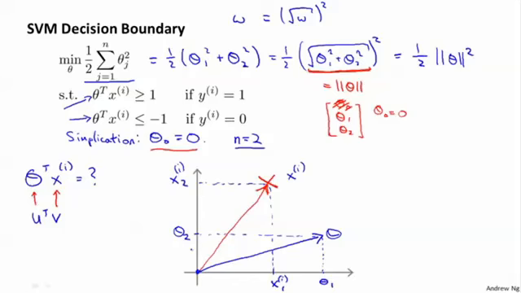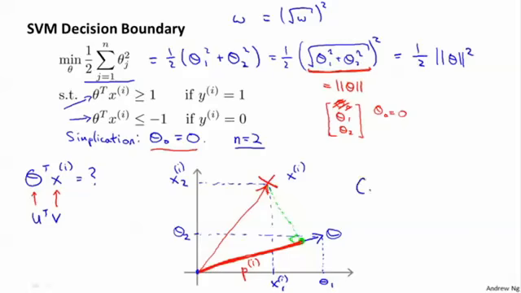Well, using our earlier method, we take my example and project it onto my parameter vector theta, and then look at the length of this segment that I'm coloring in red, and I'm going to call that P superscript i to denote that this is a projection of the ith training example onto the parameter vector theta.